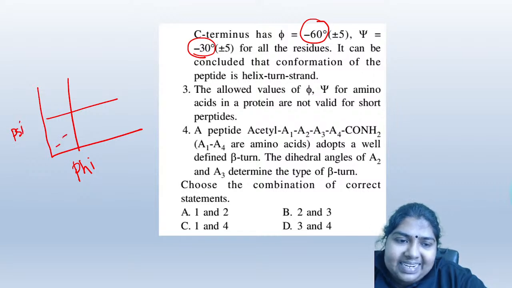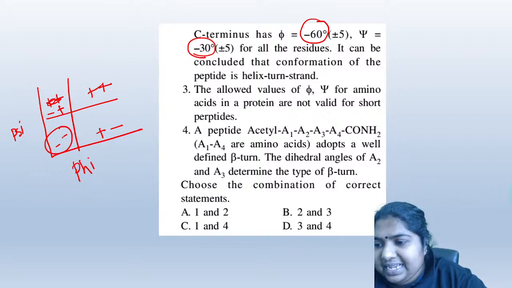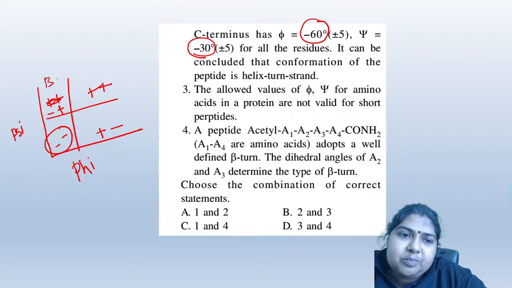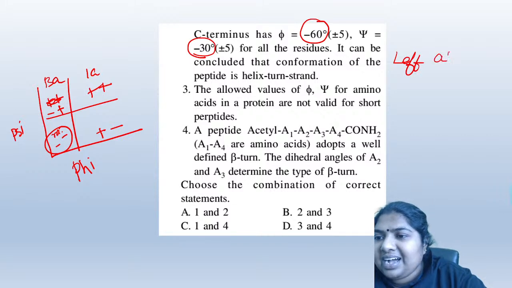Now, if it is minus, what should come here? Make it fast. Correct. So minus means it should be a left-handed alpha helix, isn't it? Right, but it is given as helix, turn, strand. So the statement is true or false?